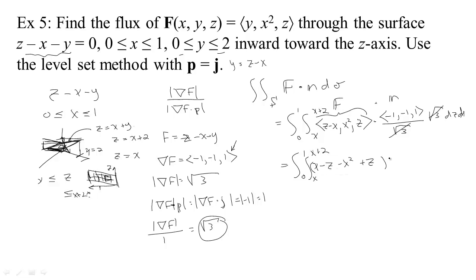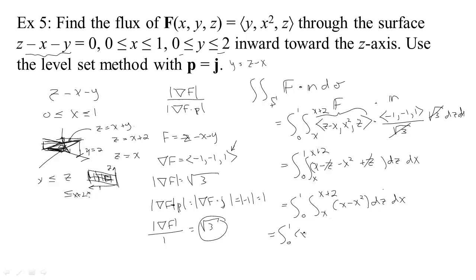And I just need to integrate that with respect to z and with respect to x. So the integral from 0 to 1 and the integral from x to x plus 2. Let's see, we have a minus z and a plus z, so actually I just need to integrate x minus x squared with respect to z and then with respect to x. Now this is a pretty straightforward integral. Let's just go ahead and finish it off.